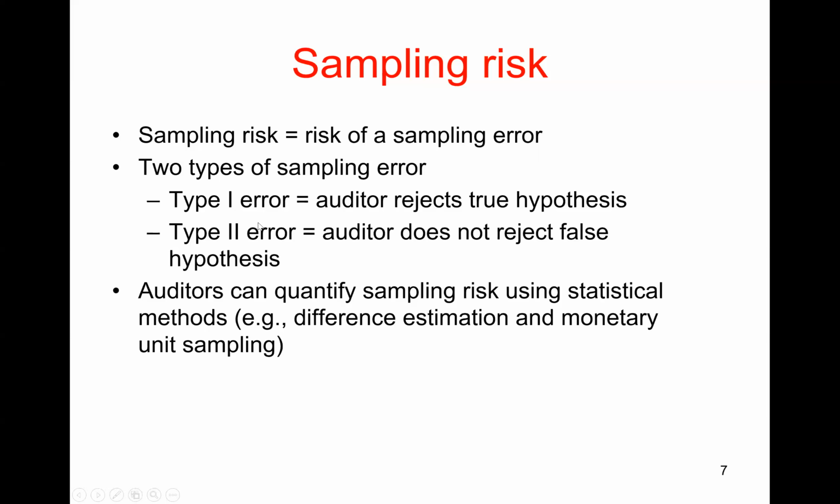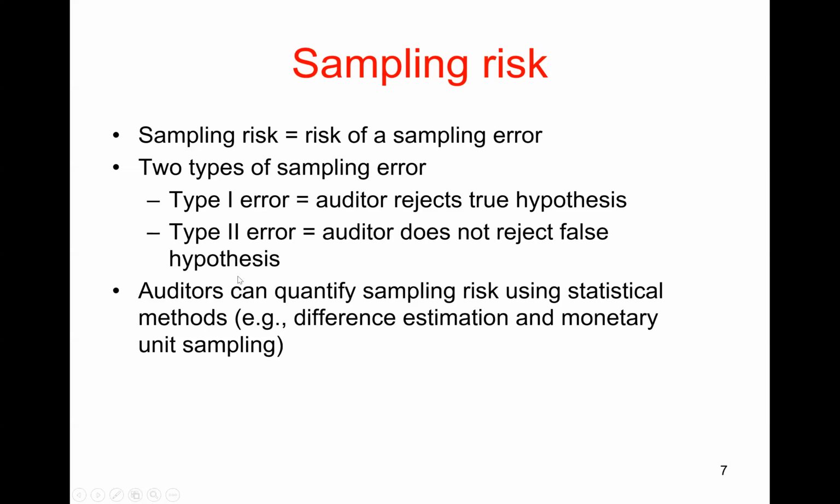These type 2 errors are particularly costly to the auditor because they can result in the auditor being sued, losing reputation, or being sanctioned by the PCAOB. Type 1 errors are also costly, but the costs are less. Here, with type 1 errors, the cost is that the auditor may upset the client and lose the client because they're telling the client they think the client's financial statements are wrong, and in fact, they're not wrong.